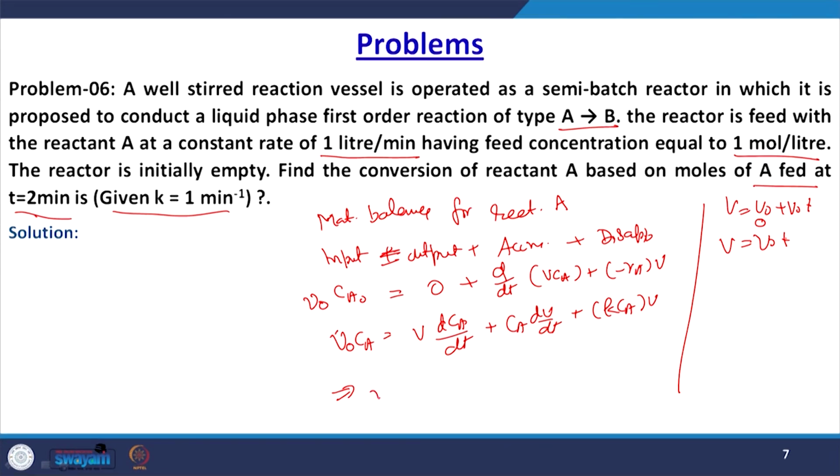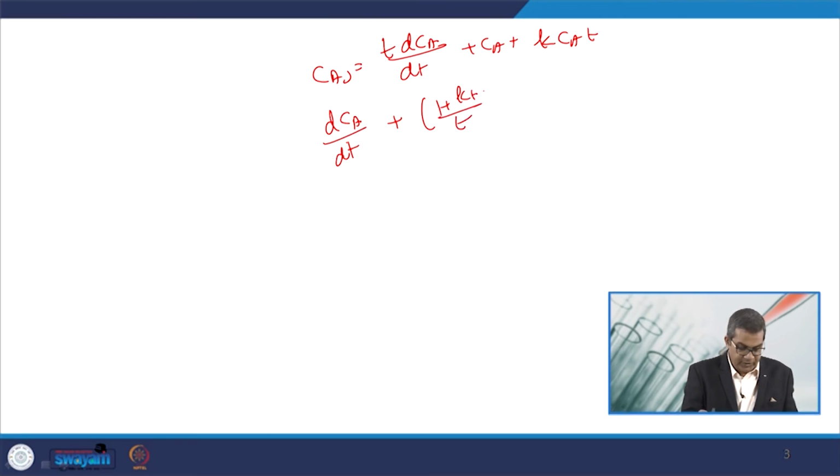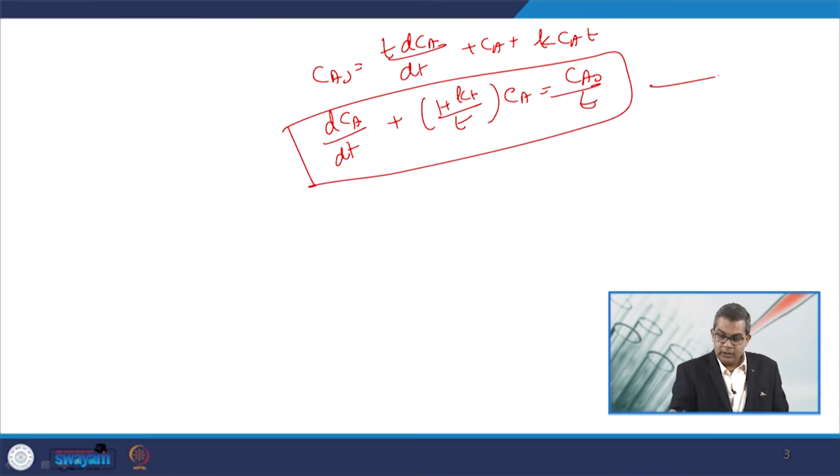So we can write v0 CA0 is equal to V dCA/dt plus k CA V. Dividing by v0, finally we can write that CA0 is equal to τ dCA/dt plus CA plus k CA τ, or dCA/dt plus (1 plus kτ)/τ times CA is equal to CA0/τ. That is my equation number 1.